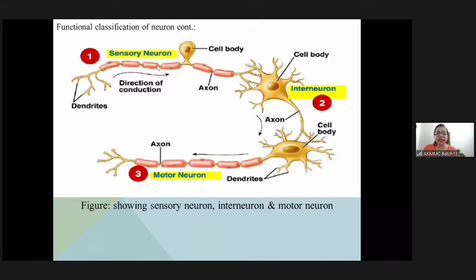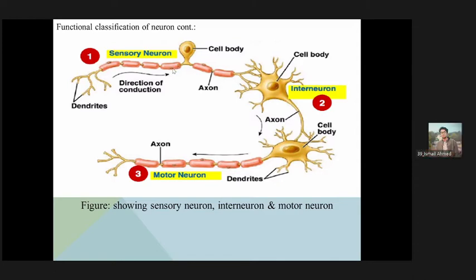We already know about this. What type of neuron is this? Unipolar neuron. It may be unipolar or it may be pseudo-unipolar. Very good. And where can we find this type of neuron?